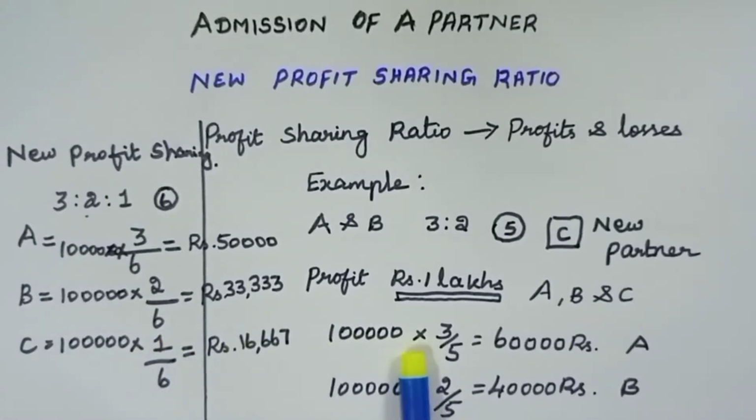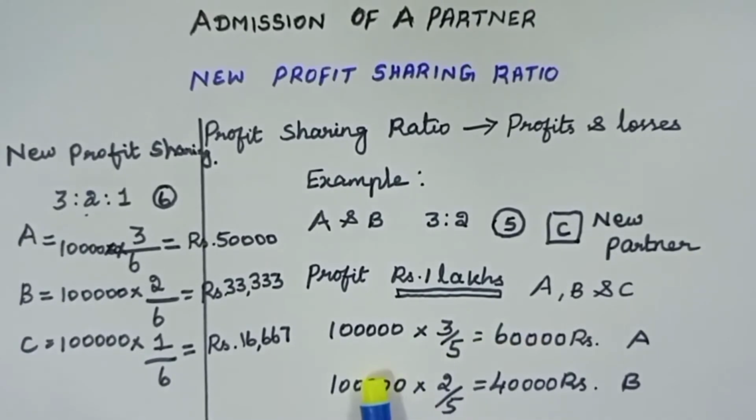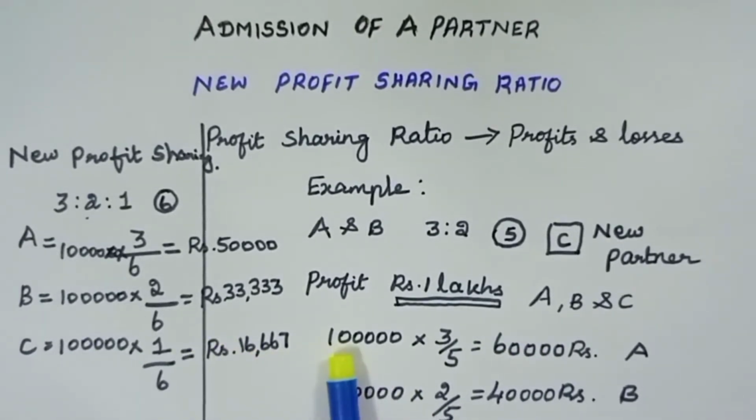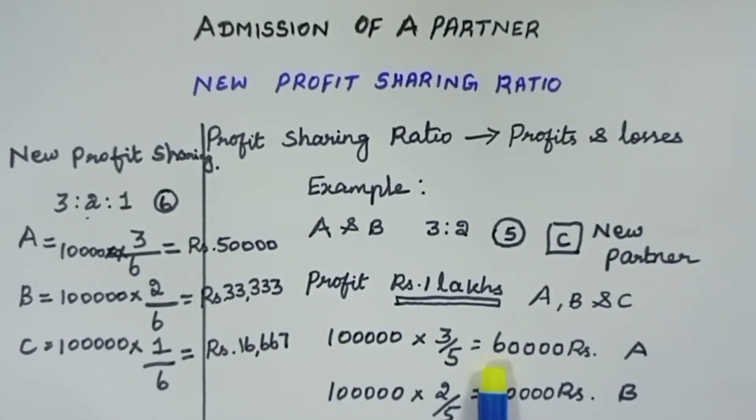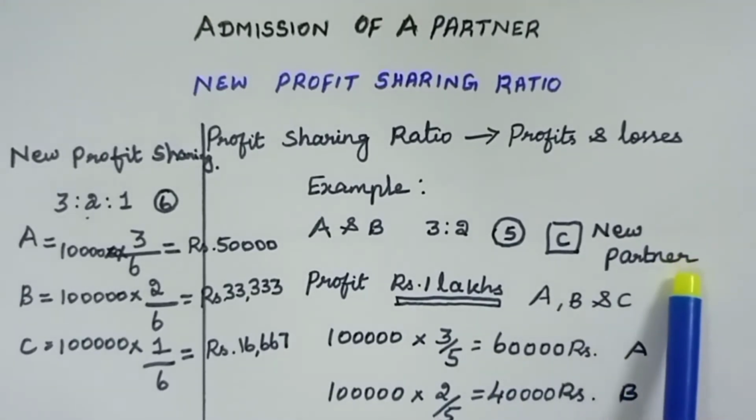In this example, the sacrifice made by partner A after the admission of new partner C is rupees 10,000.